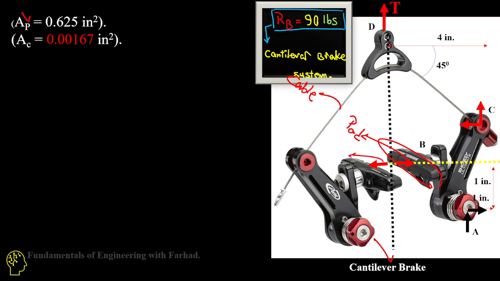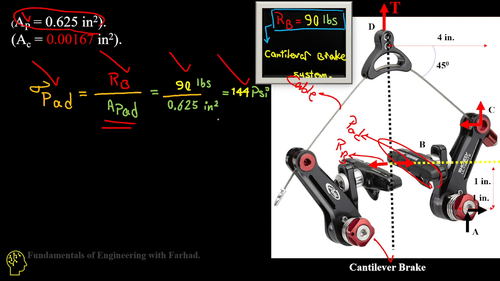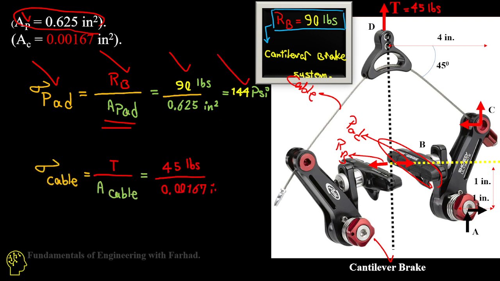This is RB, and we know that's 90 pounds for the cantilever brake. The normal stress in the pad is the reaction divided by the area of the pad. So 90 divided by the area of the pad gives us 144 psi for the stress in the pad.